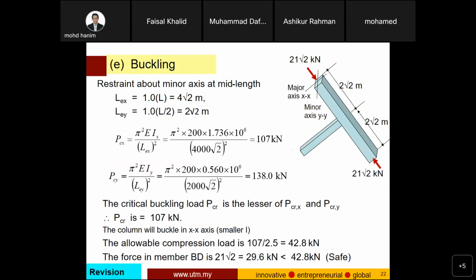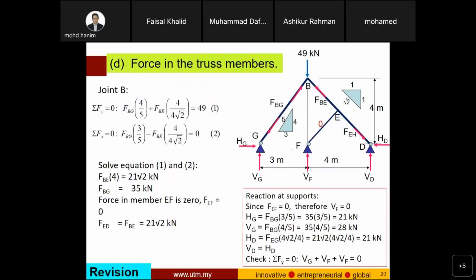So if this is the interconnection of the member, it means that here it is restrained. Therefore, the slenderness ratio is based on BD.